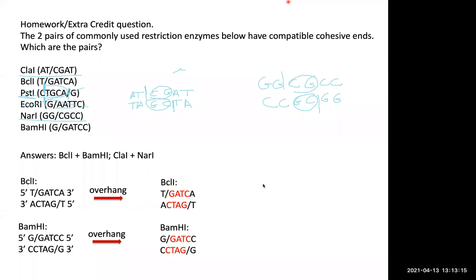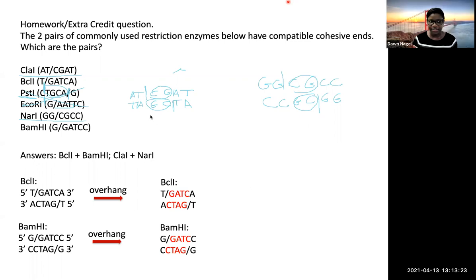Okay, so then it's just a process of elimination of figuring out which ones work. The way to tell is that you have to write them all out. Also, if you look at this GATC, neither PstI nor EcoRI matches this or this, so they don't go anywhere.